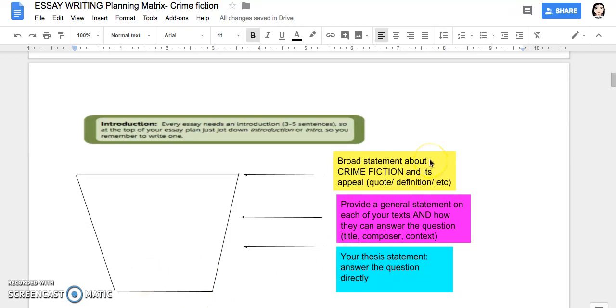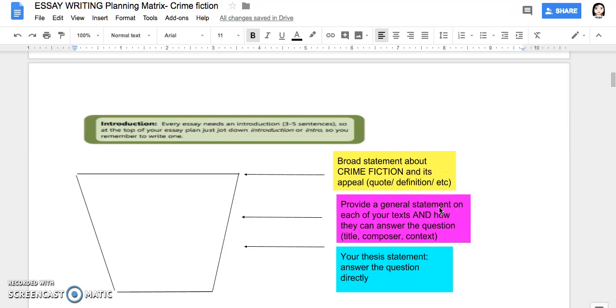In our case, we need to provide a broad statement about crime fiction and its appeal. Perhaps we can come up with a definition of crime fiction, or perhaps we can find a quote online, something really broad to get our audience reading our essay and hooking them to think about what we're about to share.